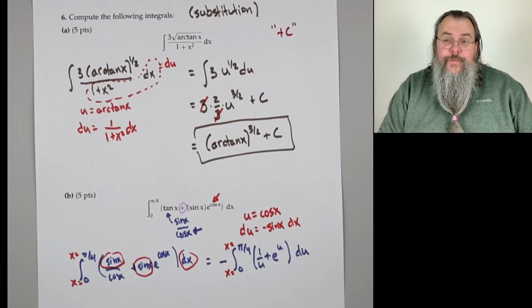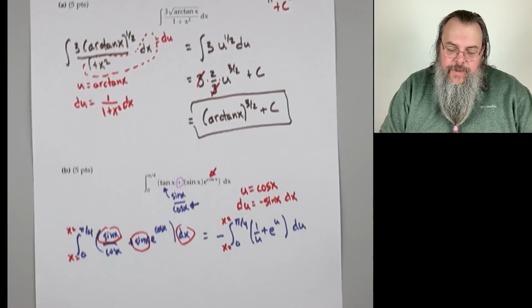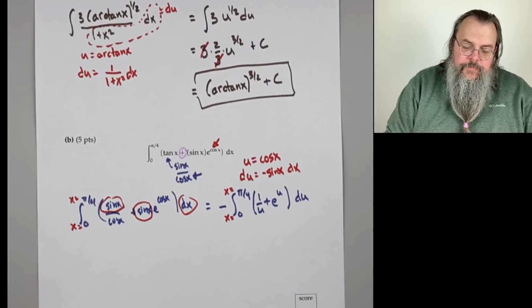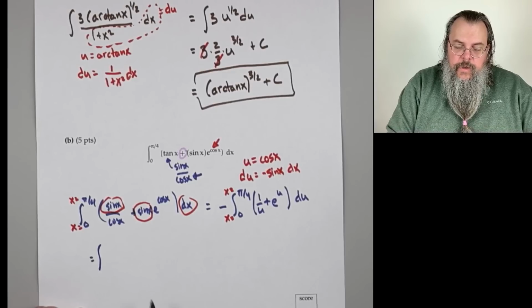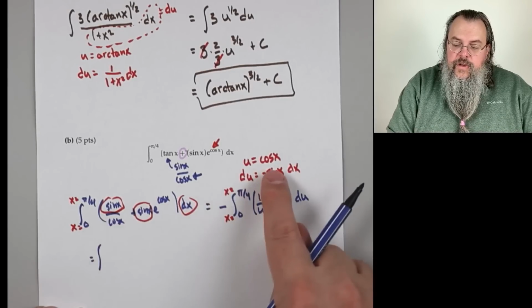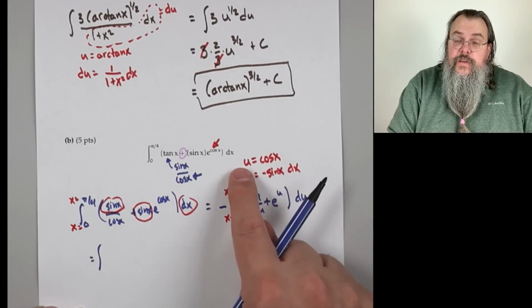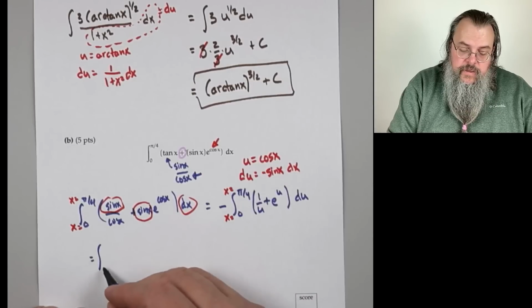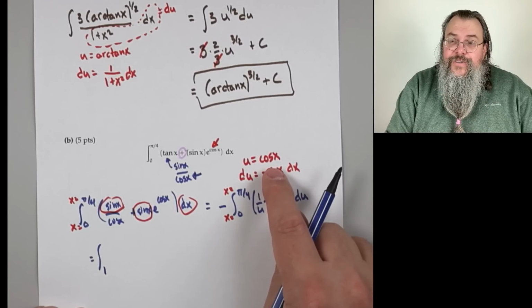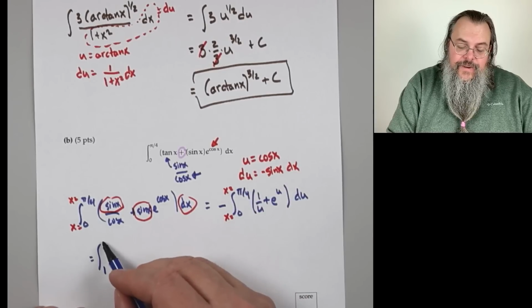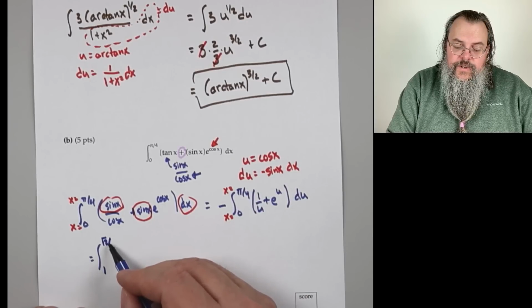But we should have corrected that to begin with. So let's just do that now. All right, so what do the bounds become? Well, we plug in 0. Cosine 0 is 1. Plug in pi fourths. Cosine pi fourths is root 2 over 2.